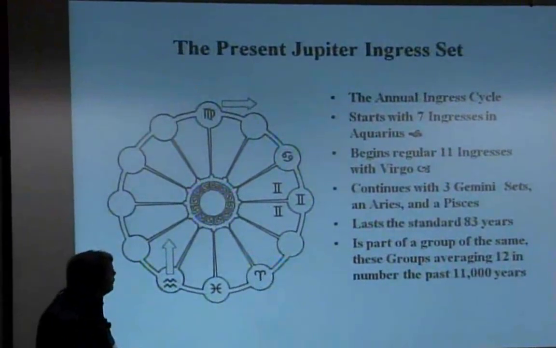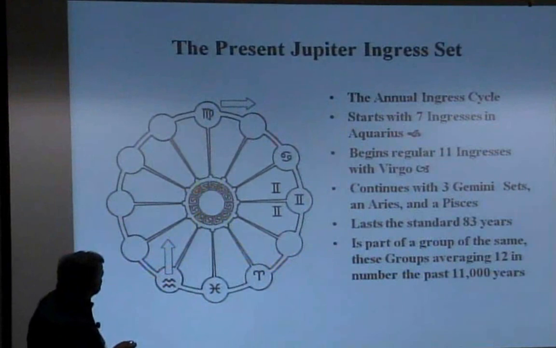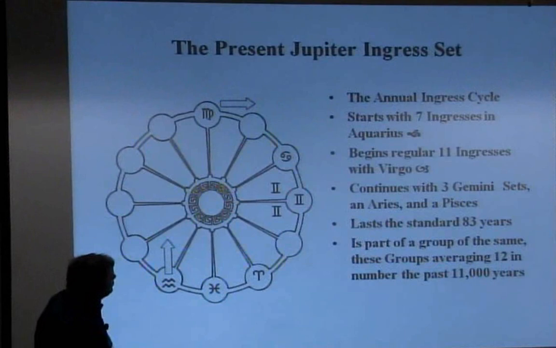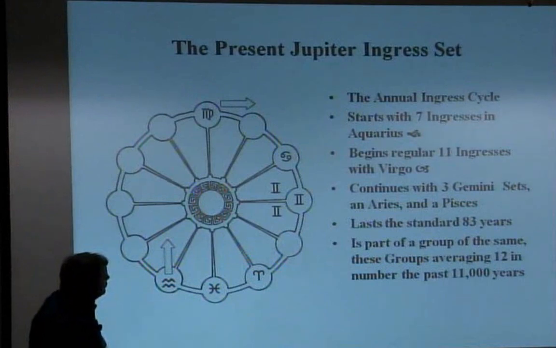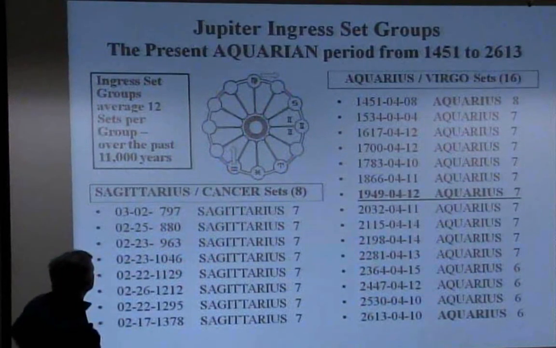But here, you have the annual ingress cycle, but this is over a period of 83 years. It starts with 7 ingresses in Aquarius and begins the regular 11 ingresses with Virgo. Now, this here, this is better. This will help it a lot more.